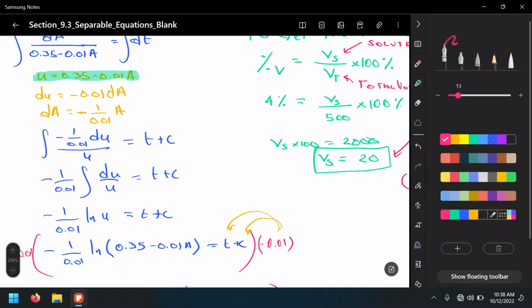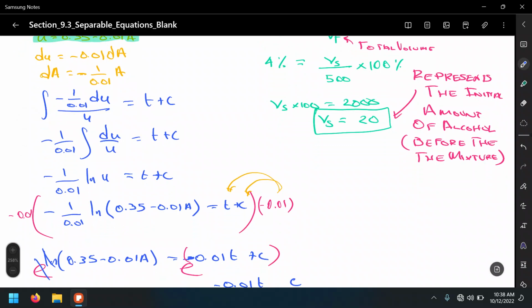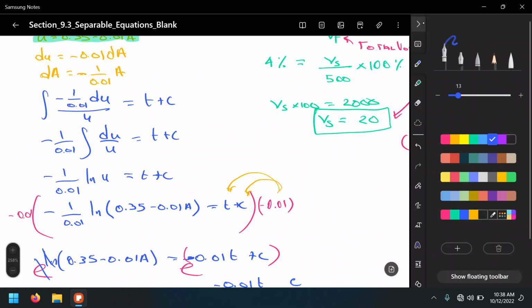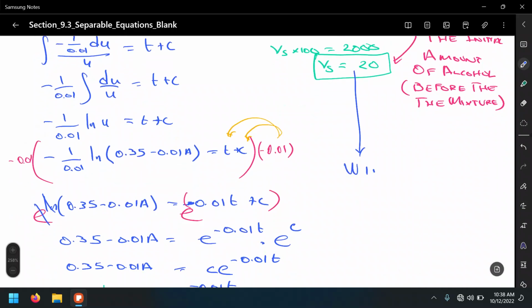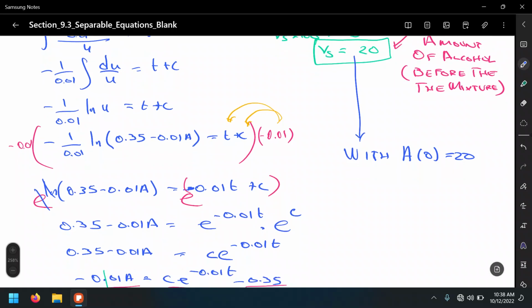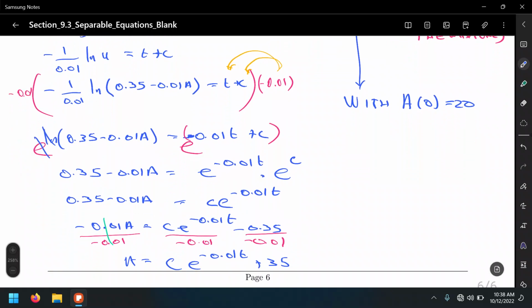Now that we have that initial amount of alcohol, we can call this an initial condition: A of 0 equals 20. We can go about and find the constant of integration.